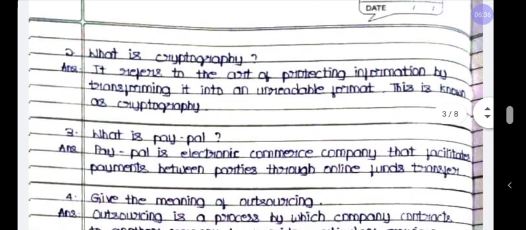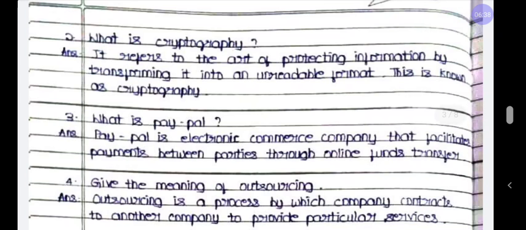And next, what is cryptography? We use cryptography to protect our information so that hackers cannot hack it. That is the reason we use cryptography. Cryptography refers to the art of protecting information by transforming it into an unreadable format.